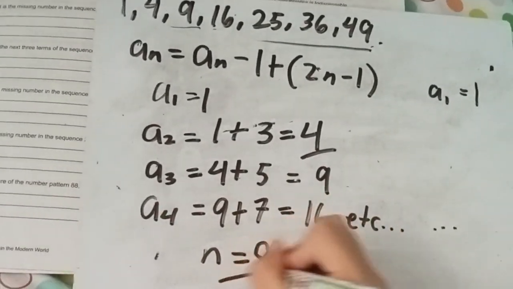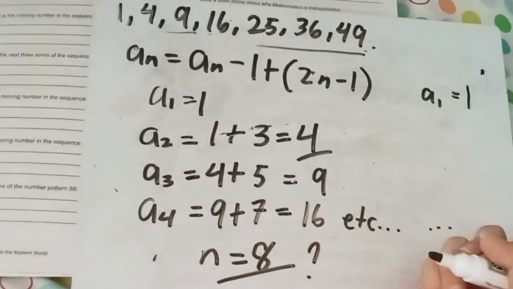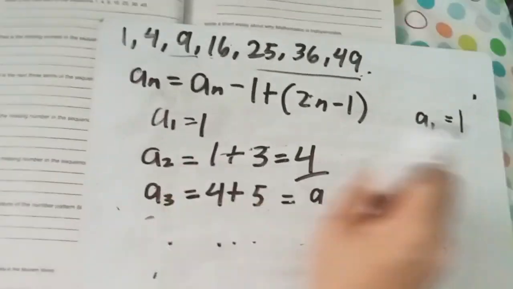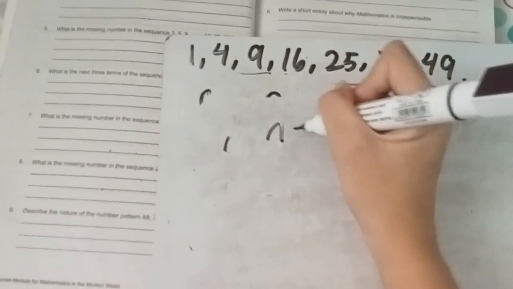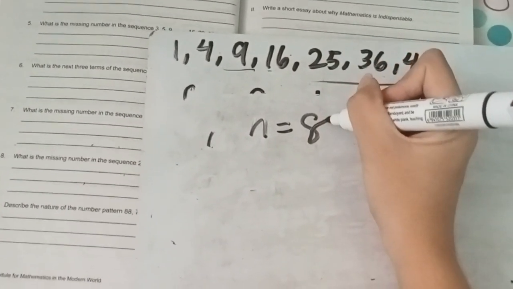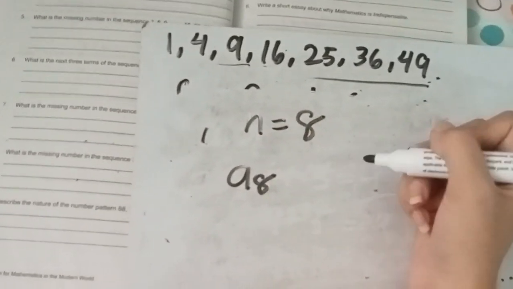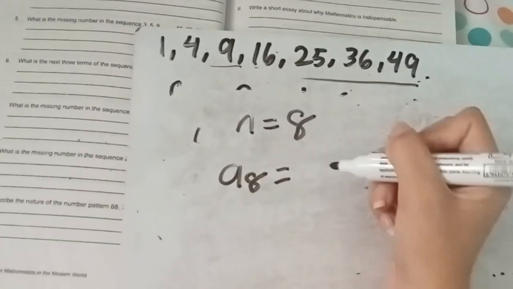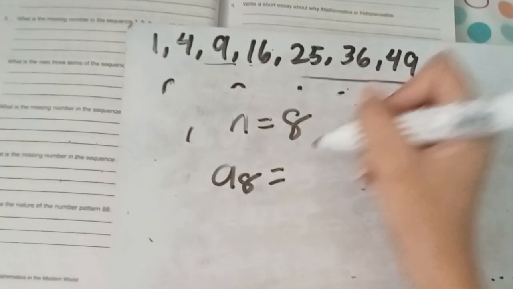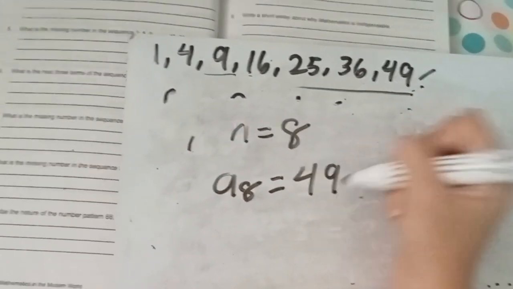Now let's solve the next number, which is the 8th term, using the arithmetic formula. To solve for the 8th term, we will substitute the 7th term into the formula, which is 49. Just follow the arithmetic formula to not get confused.